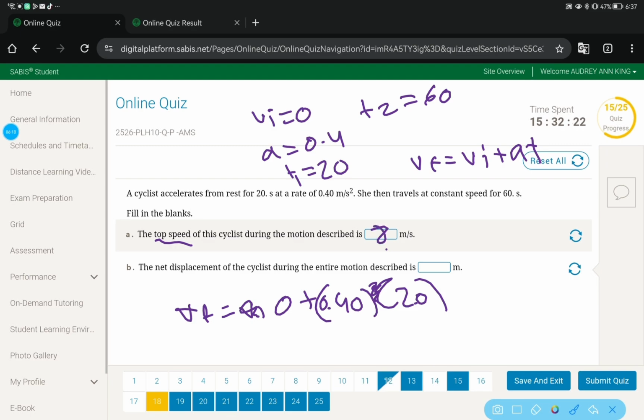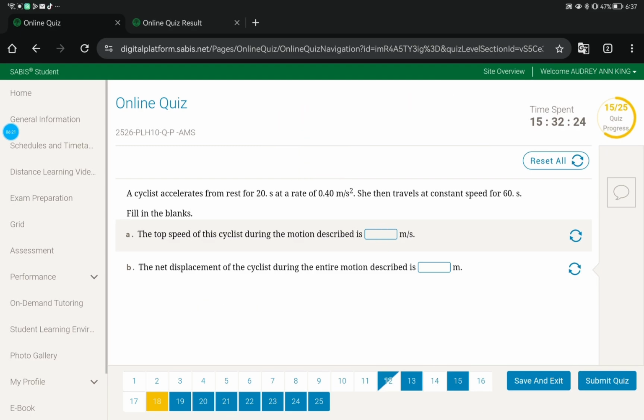And for the net displacement of the cyclist, you're going to use the formula which does not have the final velocity. That's half of at squared plus vit.